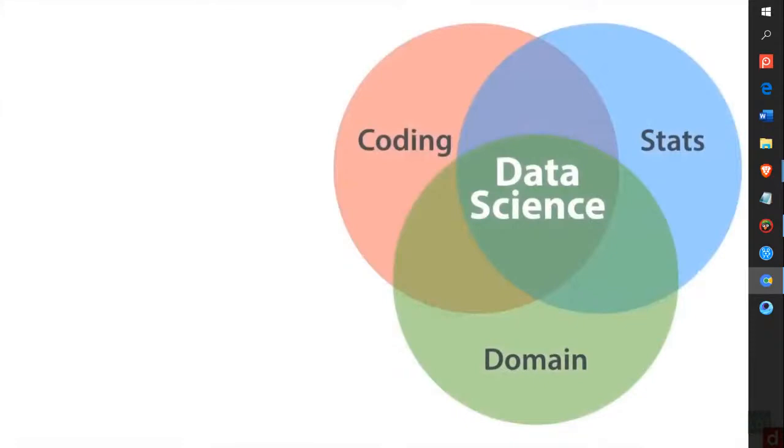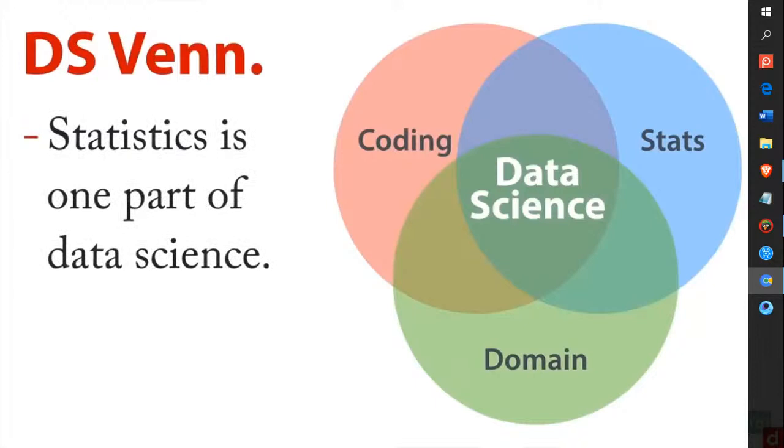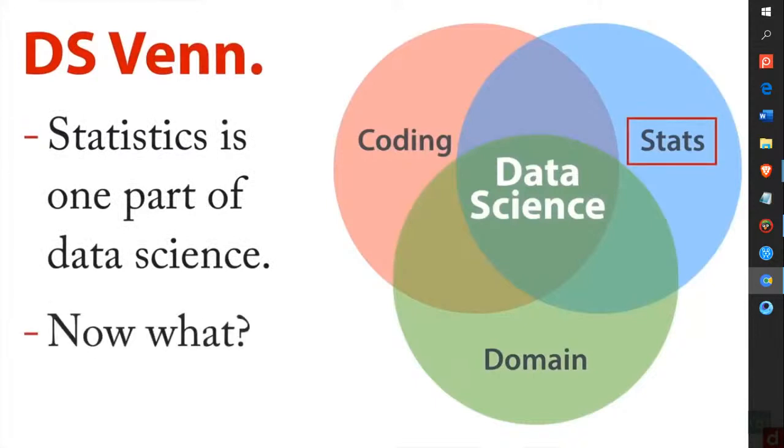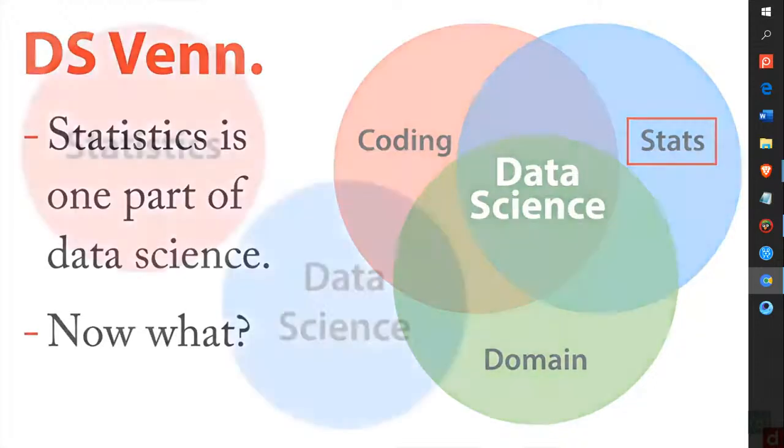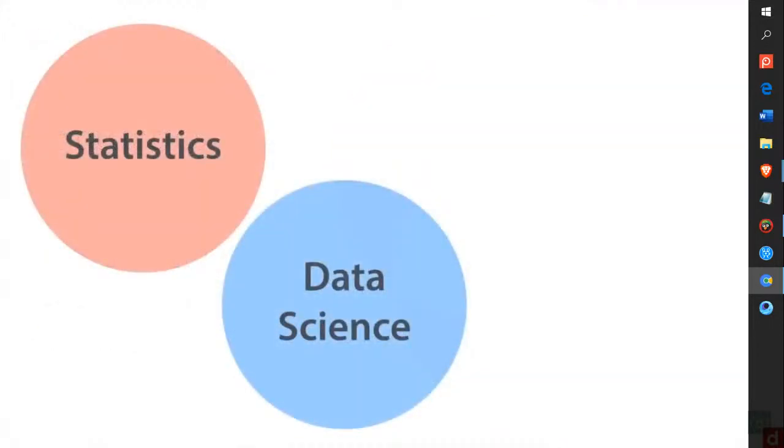Part of that is if we go back to the data science Venn diagram, statistics is one part of it. There it is in the top corner. So now what do we do? What's the relationship? It doesn't make sense to say these are totally separate areas.